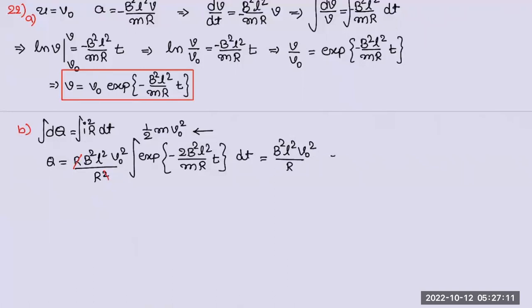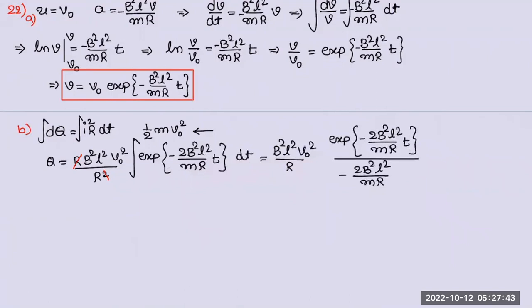Integration is e power x only, right? Yes, sir. E power x, but divided by this entire thing, right? Minus 2B square L square by mR, with the minus sign. Yes, minus m will be there.